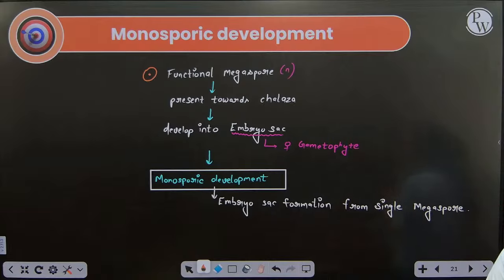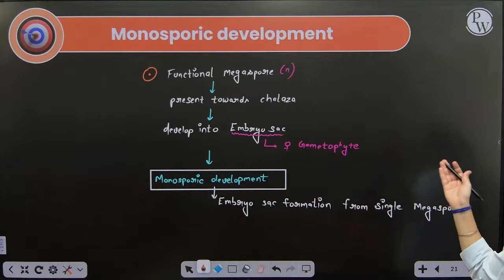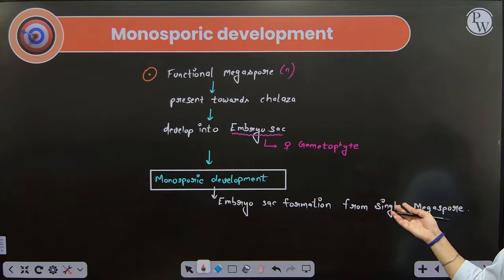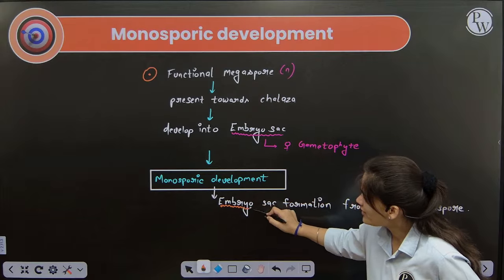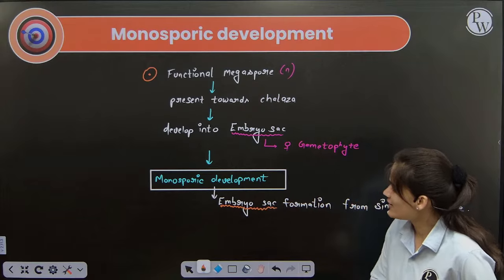Now we will discuss how that one functional megaspore forms the embryo sac. By which division? Mitosis.